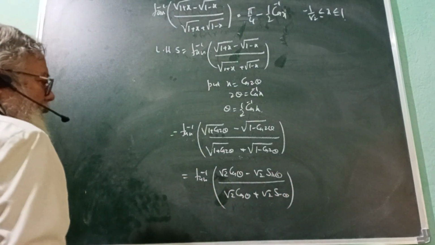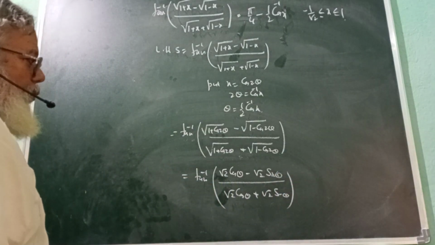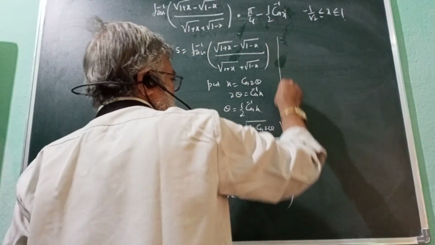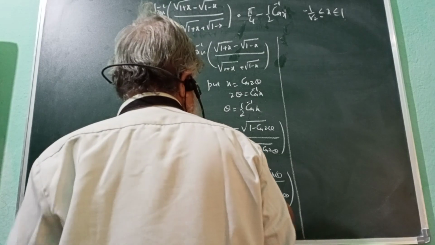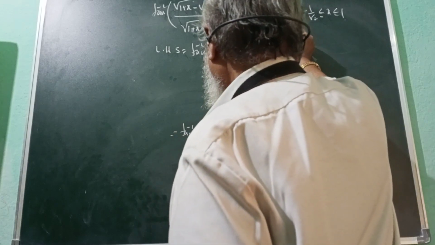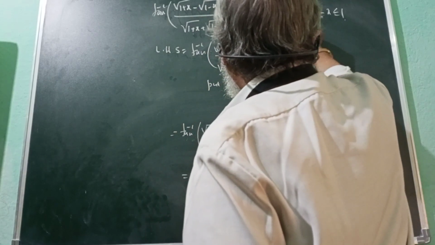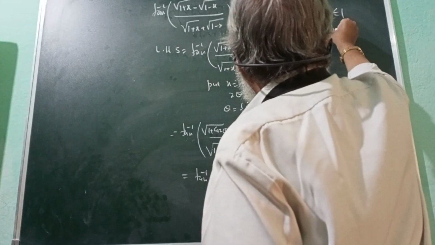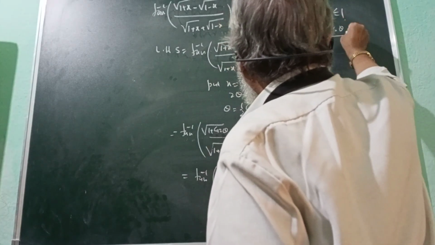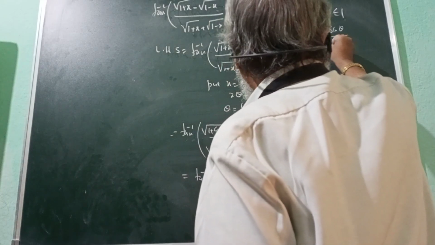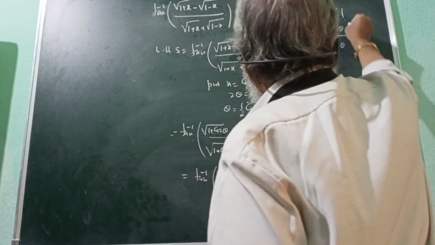Now root 2 is taken common and cancelled, and dividing numerator and denominator by cos theta, that is tan inverse of cos theta minus sin theta divided by cos theta plus sin theta.